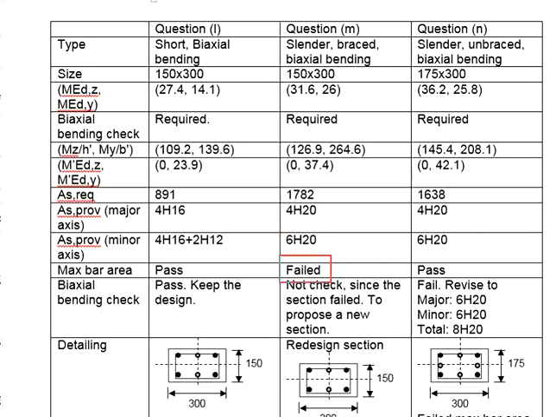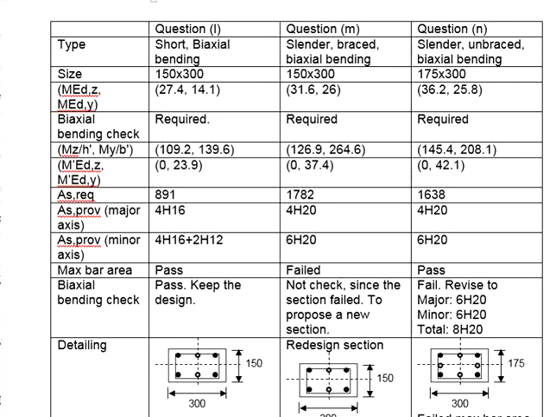However, when you check for the maximum bar limit, it exceeded 4%. It means that the column section is not large enough to accommodate the reinforcement bar. You will expect the column to fail in a brittle manner, and your solution here would be to redesign this section.